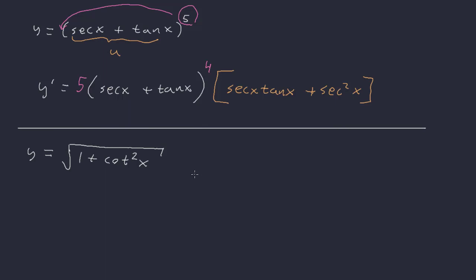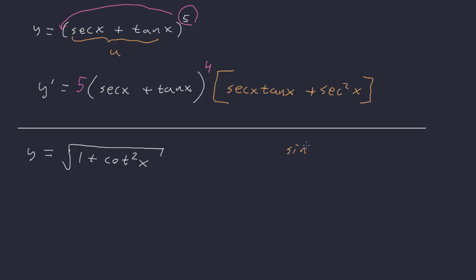All right, so for this one, let's say y is equal to the square root of 1 plus cotangent squared of x. Now, this one, of course, looks like a chain rule, but as I mentioned before, if you're on the lookout for your algebra or your trig identities, you can actually simplify this to not need it.